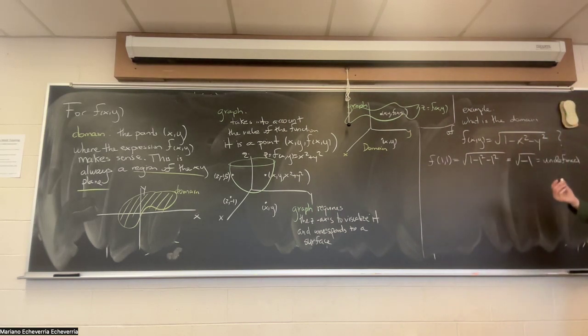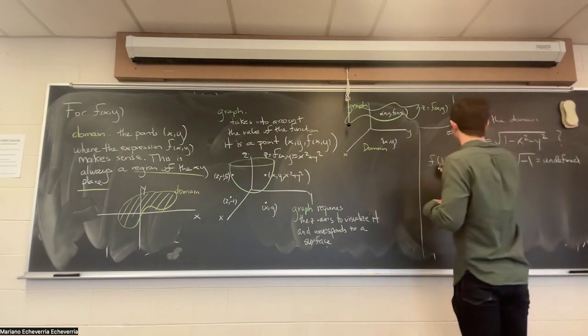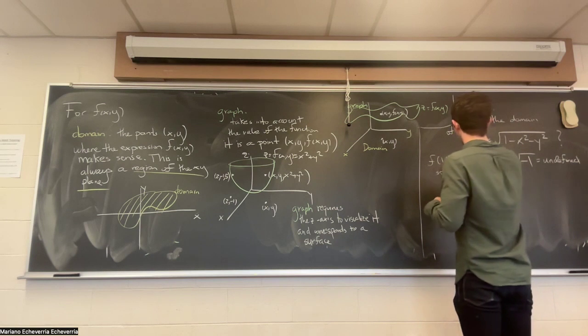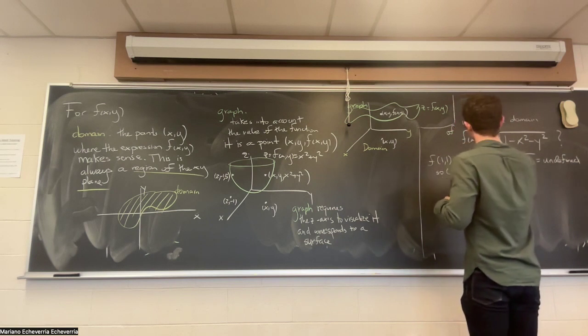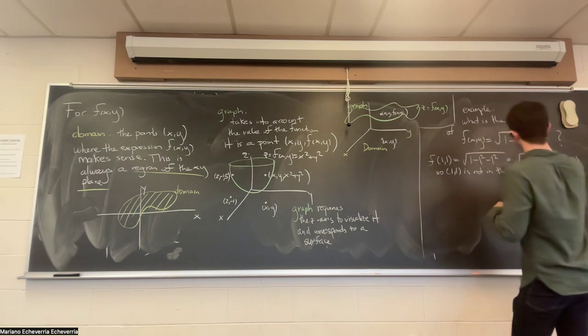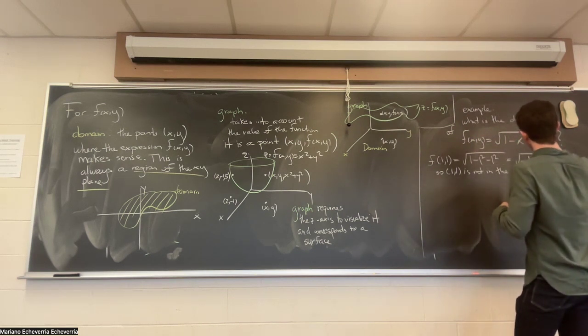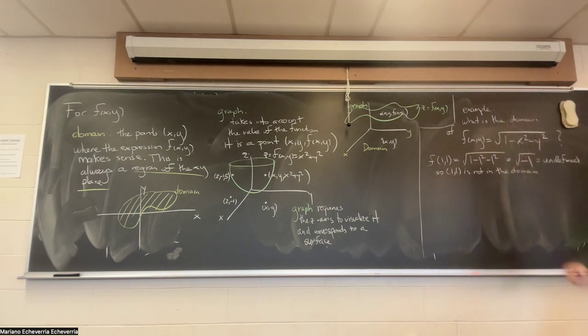So another way of saying it is that this should not be in the domain. So (1, 1) is not in the domain, because we cannot make sense of this, at least for our purposes.